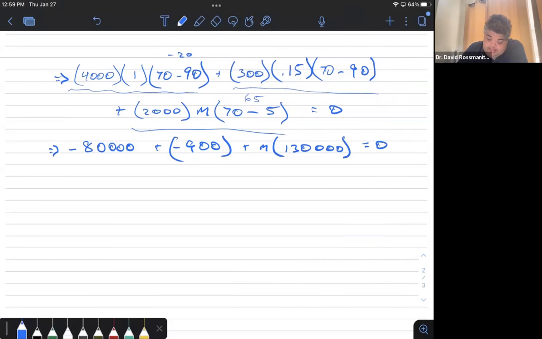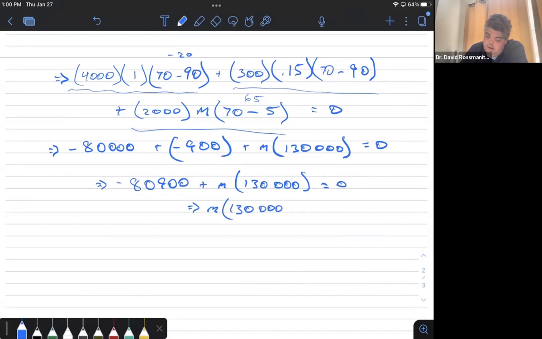All right, we continue simplifying down. Minus 80,000 minus 900 is minus 80,900, plus m times 130,000 is equal to 0. Bring the 80,900 to the other side. We have m times 130,000 equals 80,900.